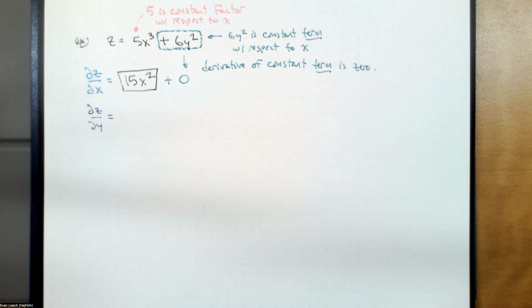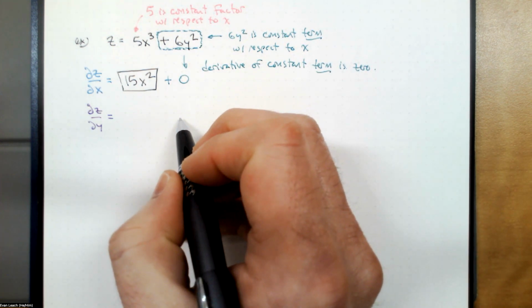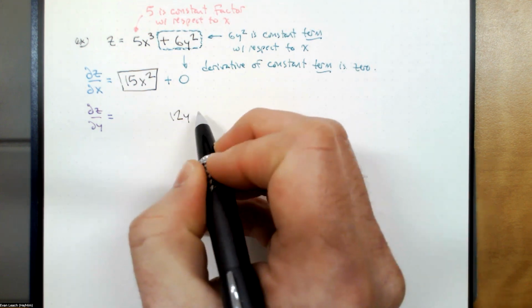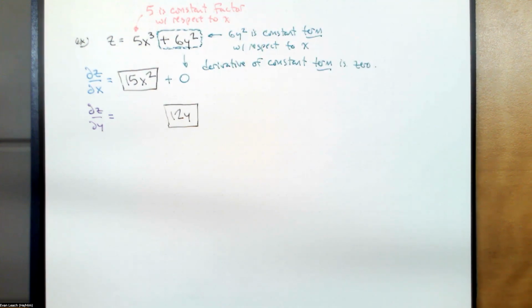We have to say it calmly. So if z is 5x cubed plus 6y squared, with this knowledge, what would the dz dy equal? Yeah. 12y to the first. In this case, 5x to the third is a constant term with respect to y.